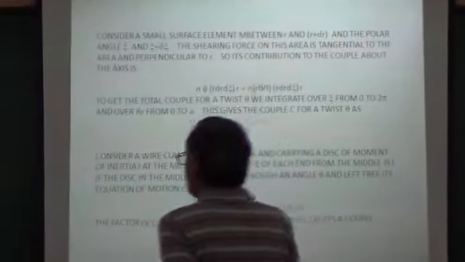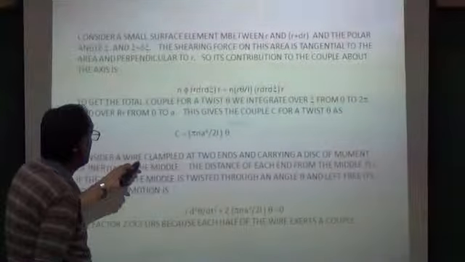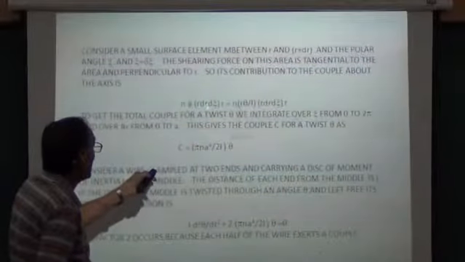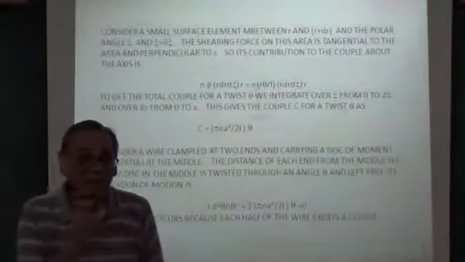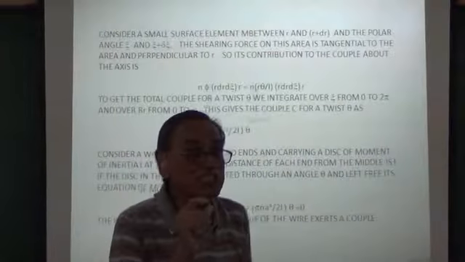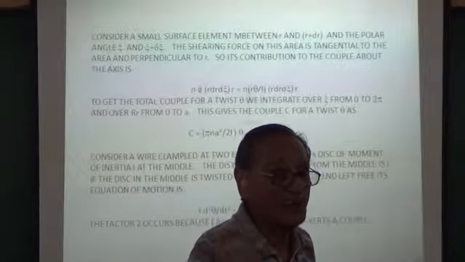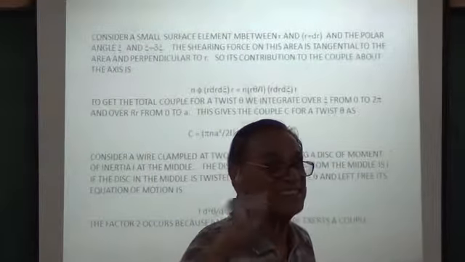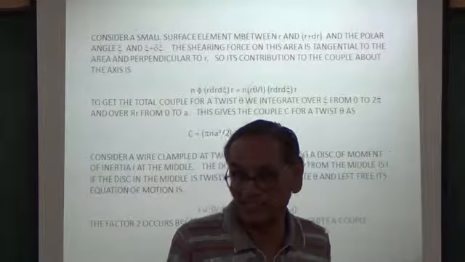So the couple dC will be the force n phi r dr d psi into r. This is the couple due to the force on the area dr into r d psi at a distance r from the center and between psi and psi plus d psi.